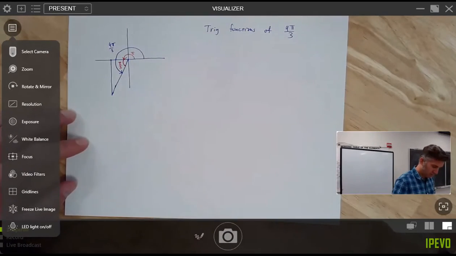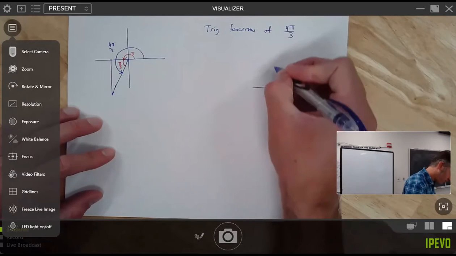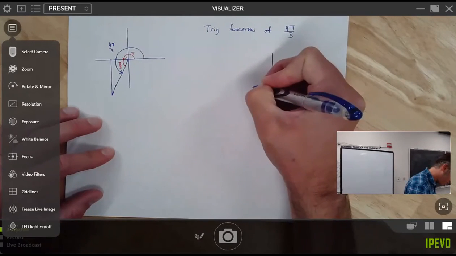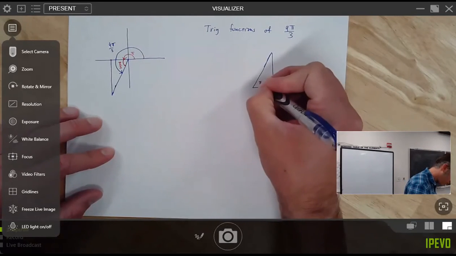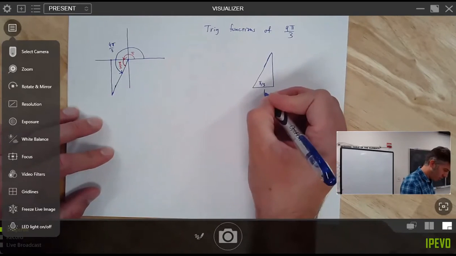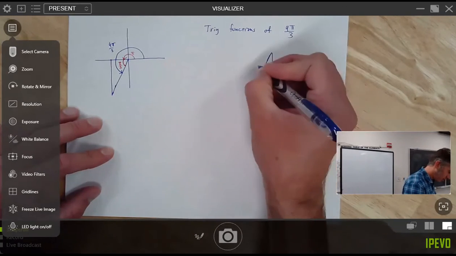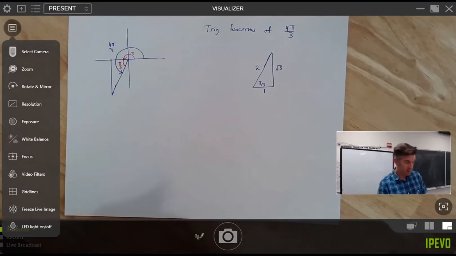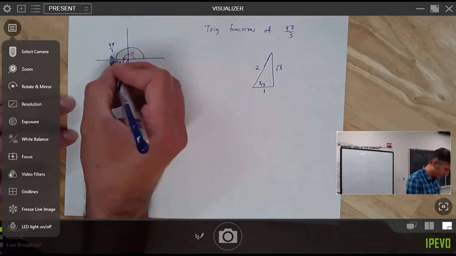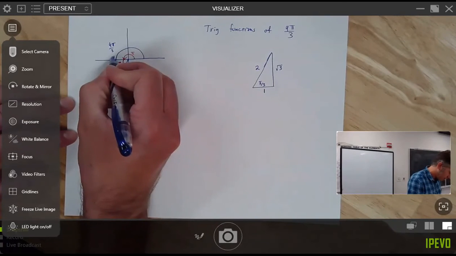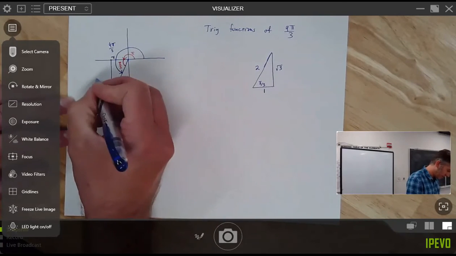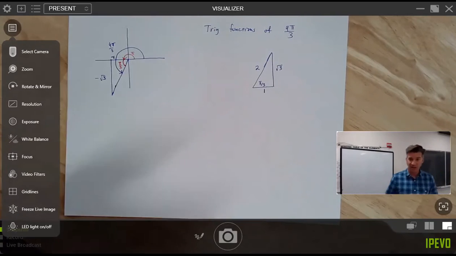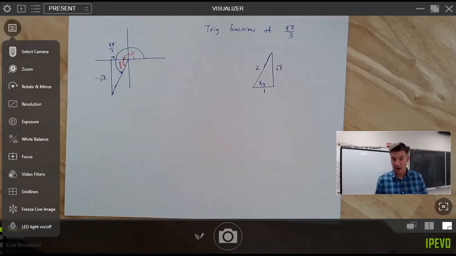So we're using the special triangle with pi over 3 as the angle, and the sides were 1 and the square root of 3 and 2. The only difference here is that now, instead of being a positive 1, it's a negative 1. Instead of being a positive root 3, it's a negative root 3, because we've gone left and down instead of right and up.